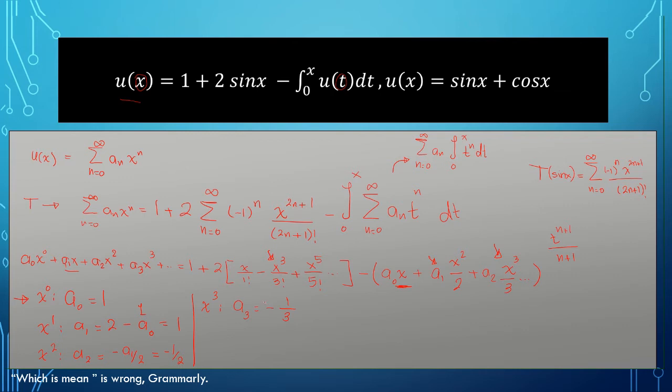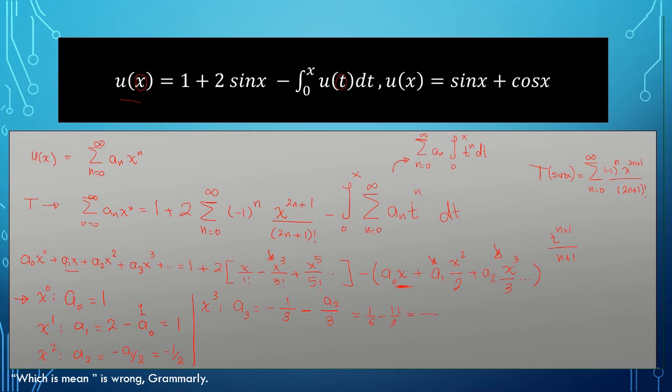So a3 will be minus 1 over 3 minus a2 over 3, and we have a2 equal to minus half, so we will write 1 over 6 minus 1 over 3, and this will give us what?